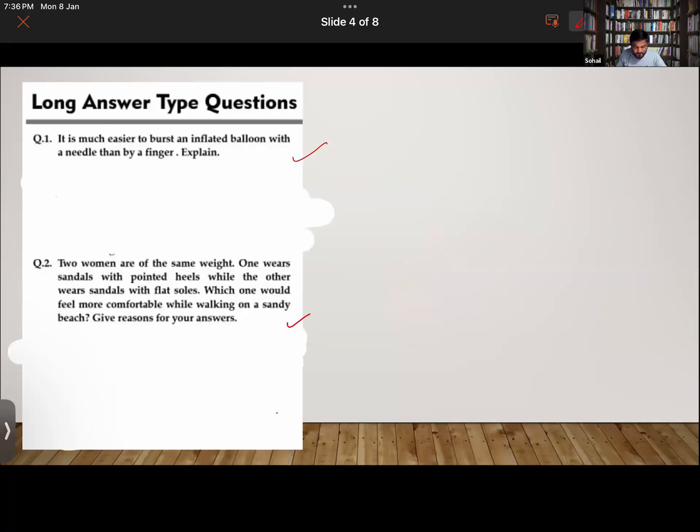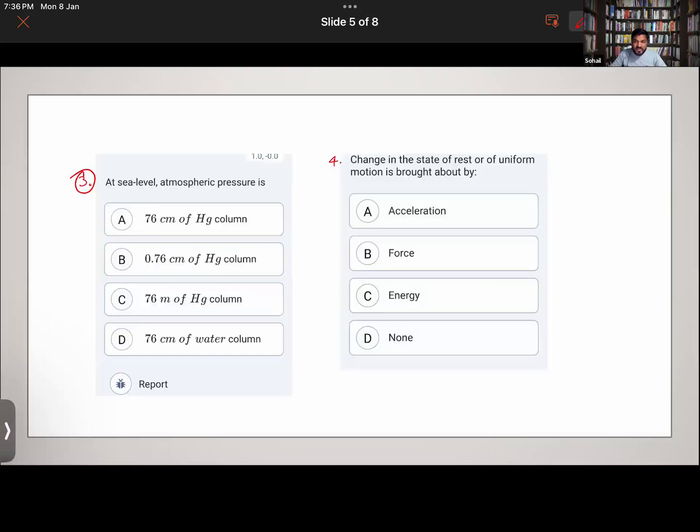Okay, now good. What mistake did you make, Arhan? You made a mistake in question number 3, and even Moaz missed this question. Moaz hasn't joined the class yet, no? Okay. Remember, I told you that at sea level, the atmospheric pressure is 760 millimeter of mercury.